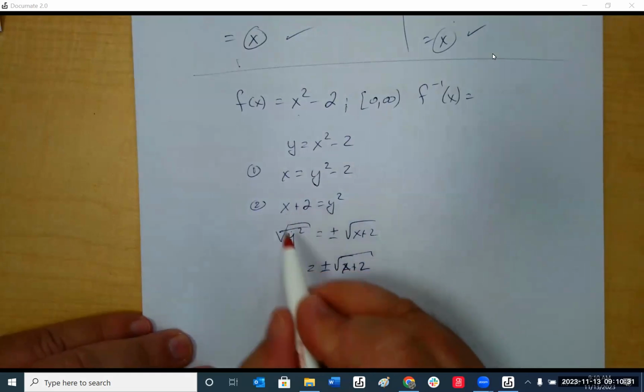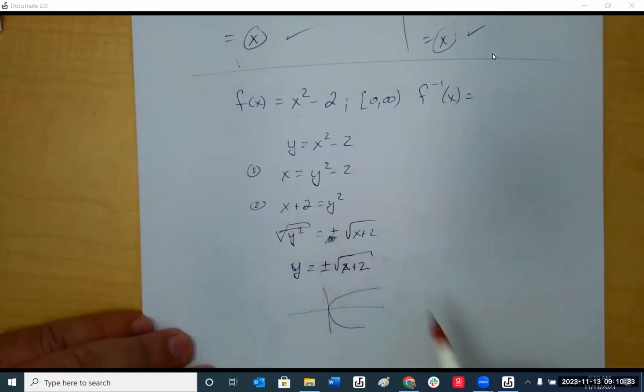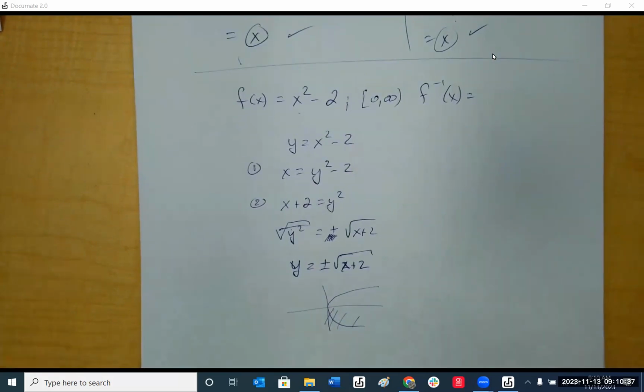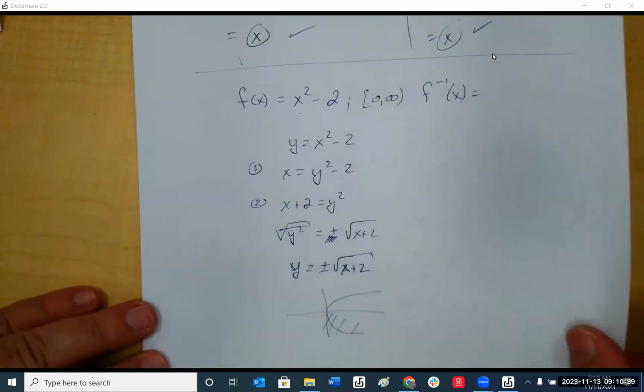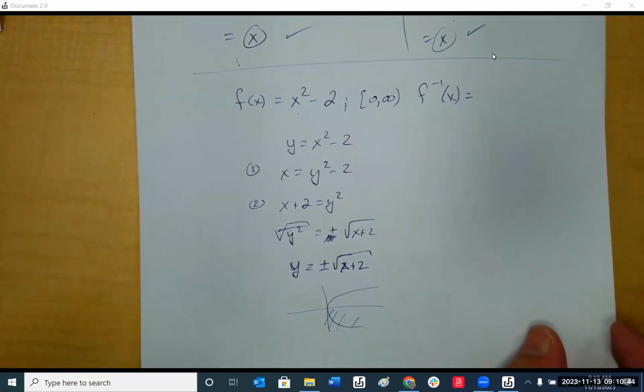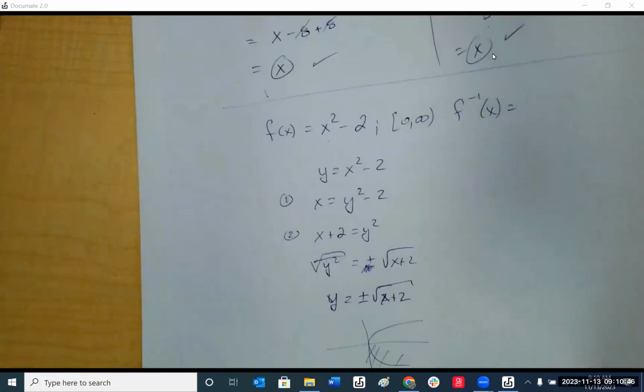So in other words, here I wouldn't take the negatives. I would simply have the positives of them. So you can make a function that does not have an inverse into one by restricting the domain. And that's it for that one.